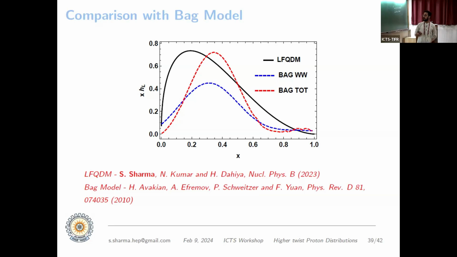Here red corresponds to the total contribution from both the dynamic terms and the Wandzura-Wilczek term, and blue corresponds to the Wandzura-Wilczek term of HL-TMD. Here we can see that for the bag model result, the peak or the shift is at a higher value of longitudinal momentum fraction x. When more data comes, we will see how we can proceed regarding the interpretation of this.